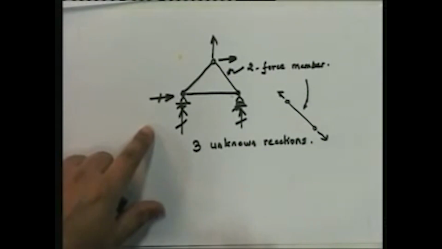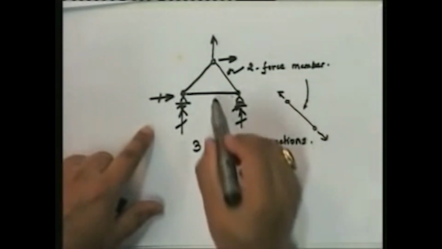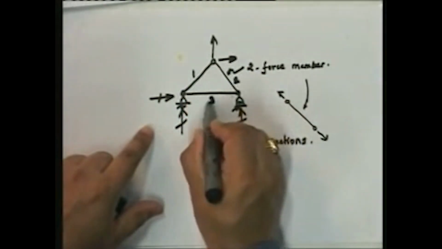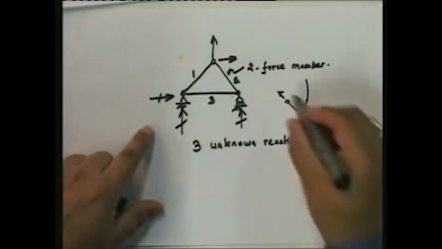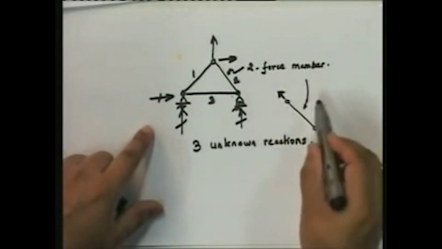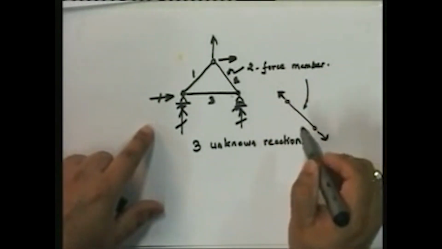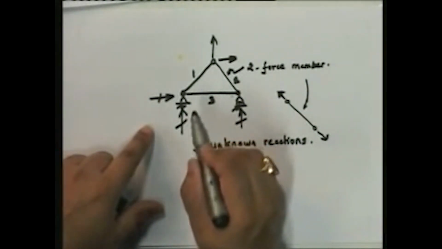What else don't we know? Well, how many members do we have? 1, 2, 3 members. Now each member has only the axial force in it. In other words, for each member we have one unknown internal force.